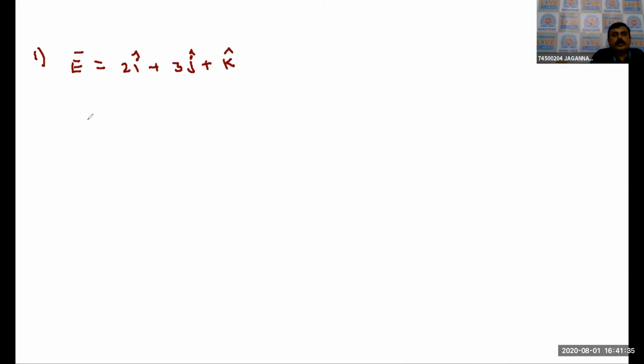Now the area which is passing the electric field through the given area is given, 10 I cap.